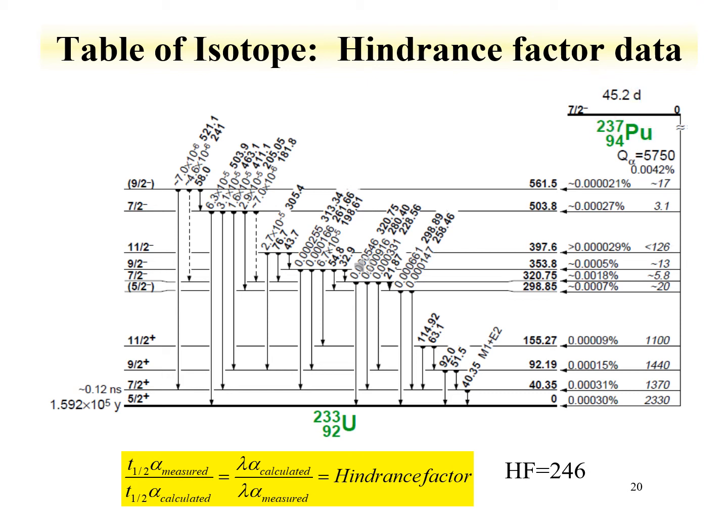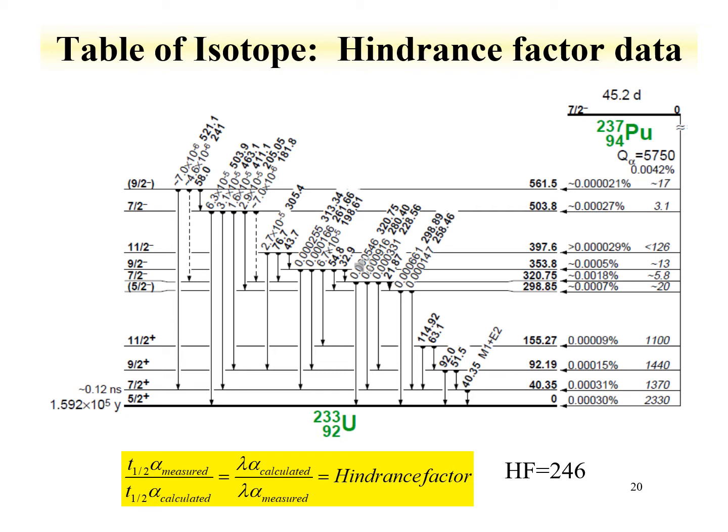The Q value is listed here. And we see this half-life is 45.2 days. But remember, we're interested in the alpha decay half-life. So here's the branching ratio that we use, 0.0042%. And here are the values for the hindrance factors.